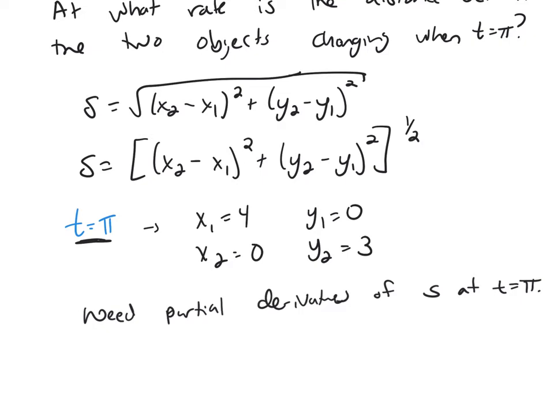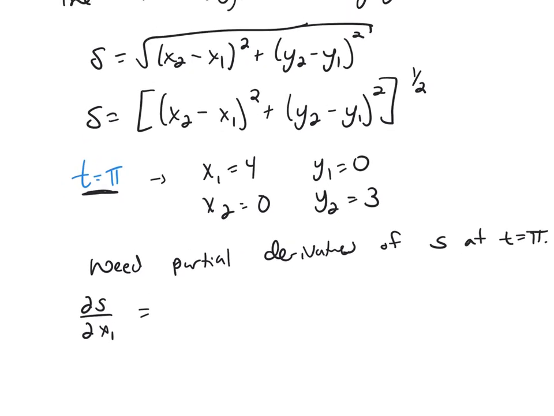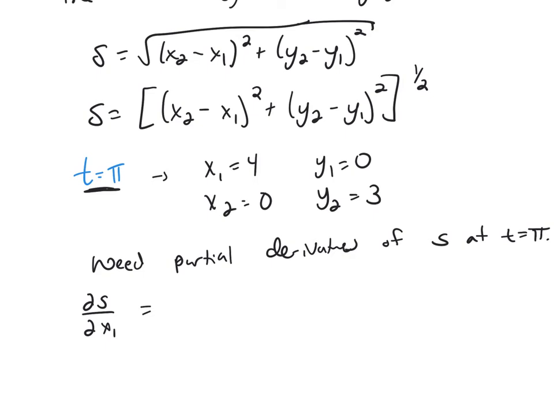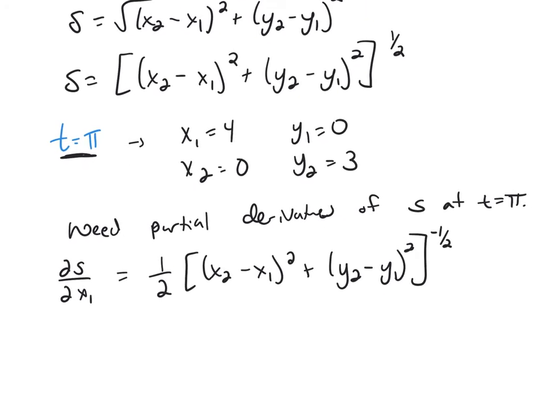So I'm going to take the partial derivative of s with respect to x1. We have to do the chain rule here: 1/2, just the regular chain rule, times (x2 minus x1) squared plus (y2 minus y1) squared, with my new power being -1/2, but I have to multiply by the derivative of the inside with respect to x1.